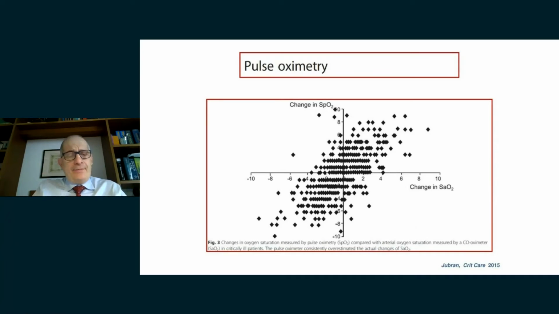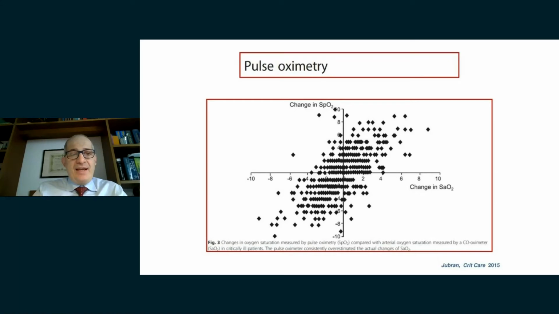if we get a good and reliable signal, what is the bias of the pulse oximetry compared to the gold standard of the arterial saturation with blood gas analysis? And as you can see, this is a huge number of patients with acute respiratory failure ventilated at different FiO2.